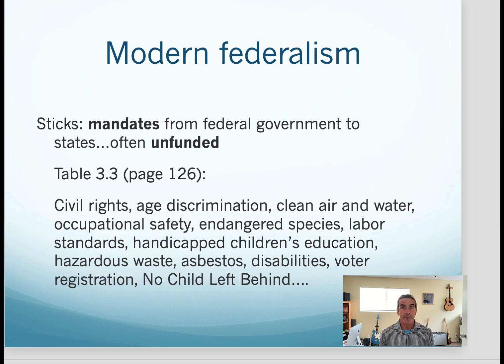But also, it's not free. Doing that costs money. So when the federal government passes the Americans with Disabilities Act and forces state and local governments to make all these changes, which of course they should make, that's not the point, the federal government really ought to allocate the necessary funds, because if the federal government doesn't pay for it, the states are left on the hook paying for it. And so there's definitely a bit of resentment there.